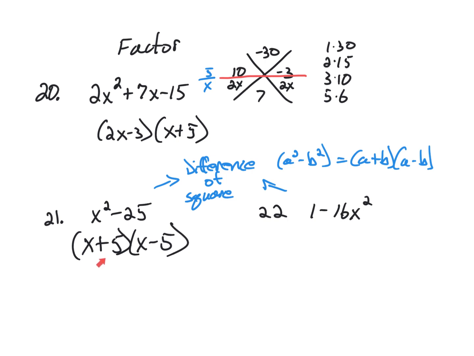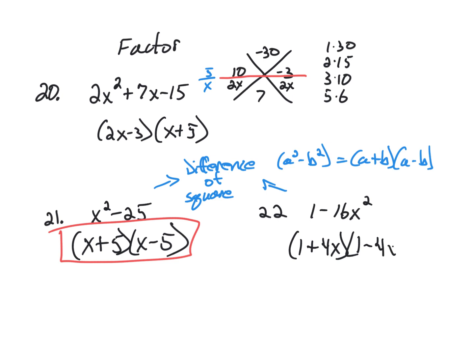So we have x plus 5, x minus 5, and that is how we factor x squared minus 25. Here we have 1 minus 16x squared. Again, this is the difference of squares. The square root of 1 is 1, and the square root of 16x squared is 4x. So we'll factor it by adding the square roots, 1 plus 4x, and subtracting, 1 minus 4x.